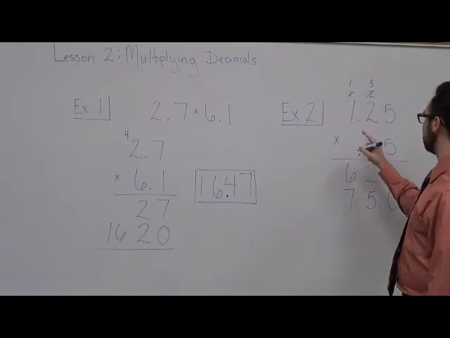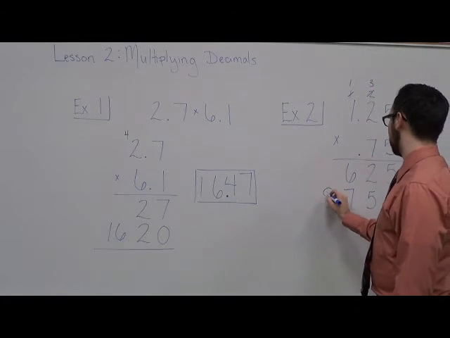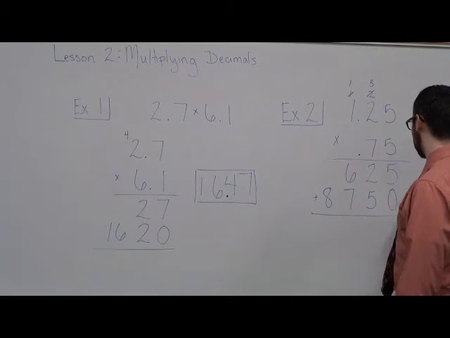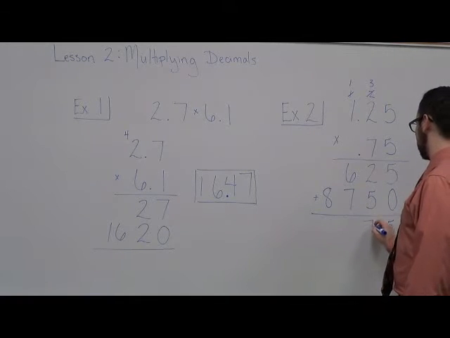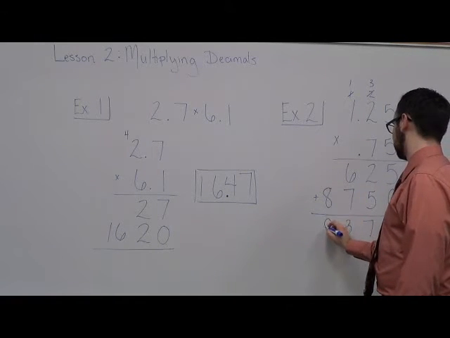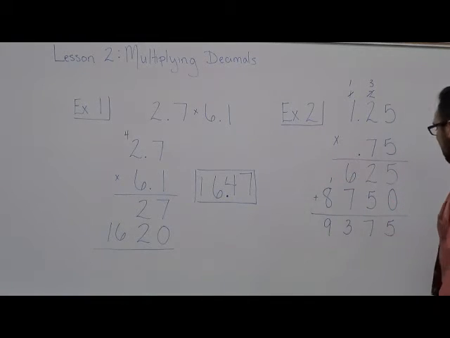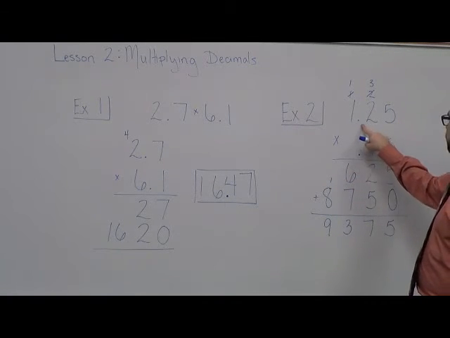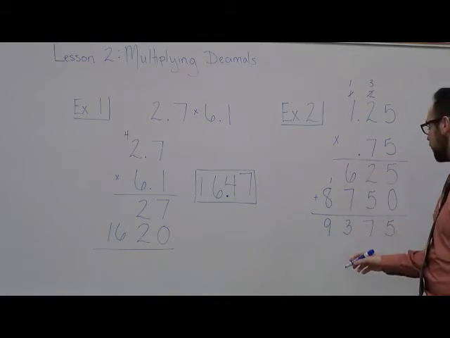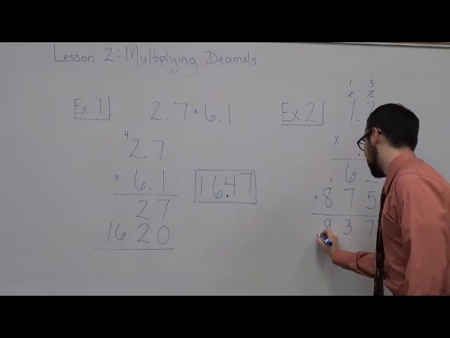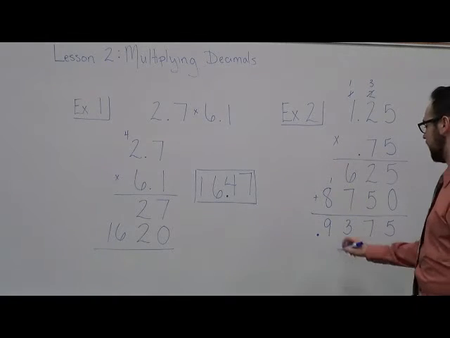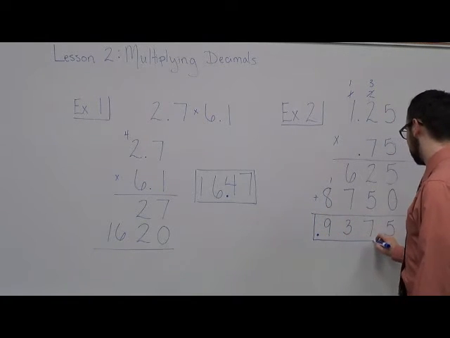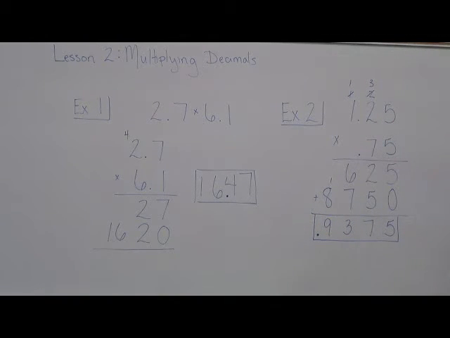Carry the 1. 7 times 1 is 7, plus 1 is 8. And when I add those, I end up with 9375. Now this time, I had 2 decimals and 2 decimals, 4 decimal places, so that decimal actually goes in front of that 9, so that my final answer would be 0.9375.